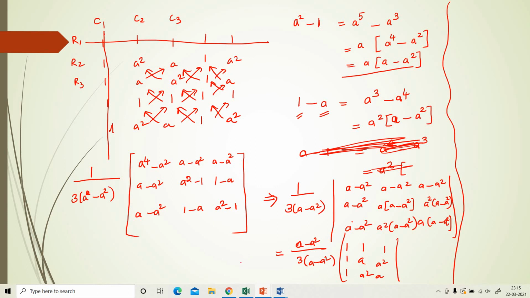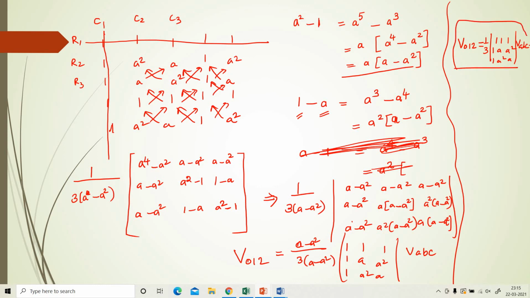This is V0, 1, 2 in terms of VA, VB, VC. So V012 is the symmetrical component that is related with 1 by 3, 1, 1, 1, 1 A square, 1 A square A, VA, VB, VC.